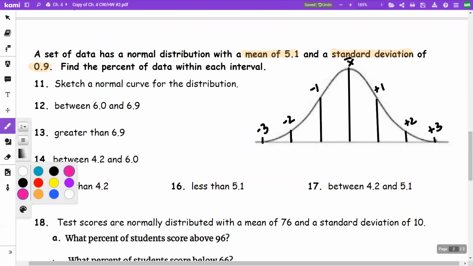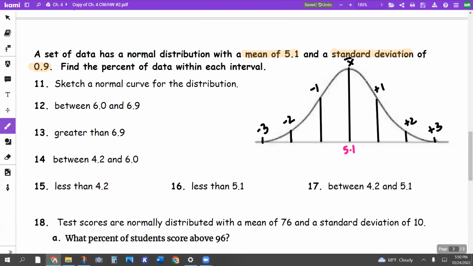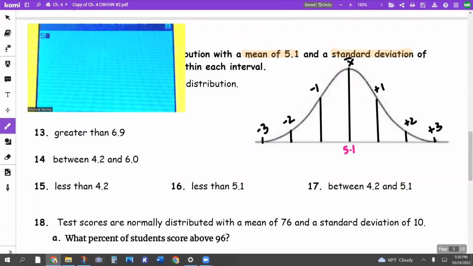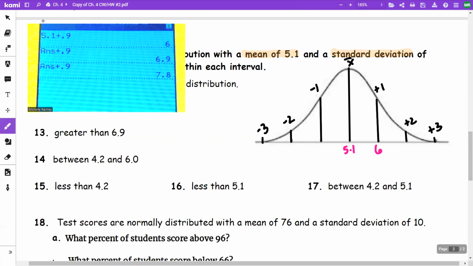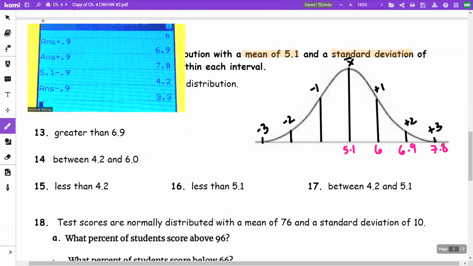So I am going to have 5.1 here. Adding 0.9, adding 0.9, adding 0.9, I'm going to have a 6, a 6.9, and a 7.8. So 5.1 minus 0.9, minus 0.9, minus 0.9, I have a 4.2, a 3.3, and a 2.4. Okay.